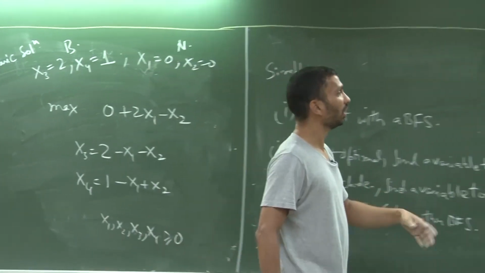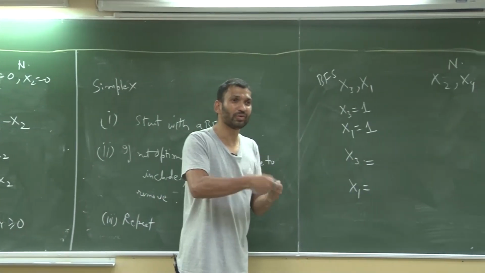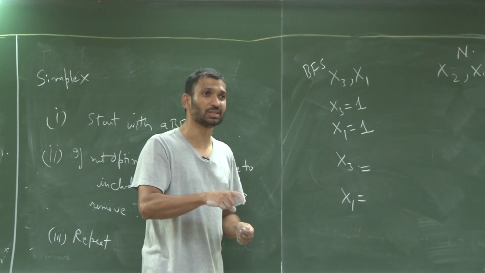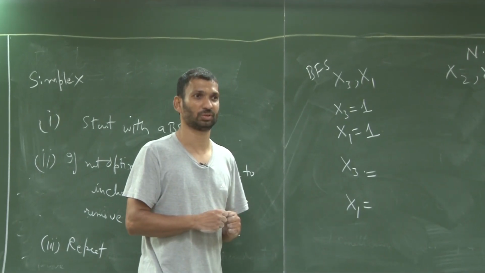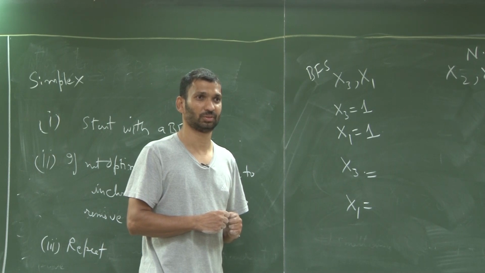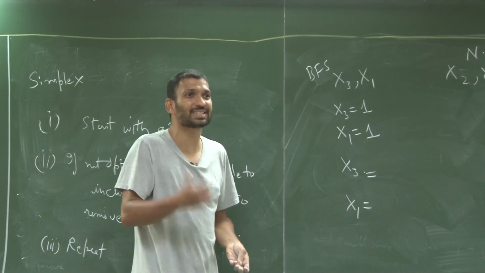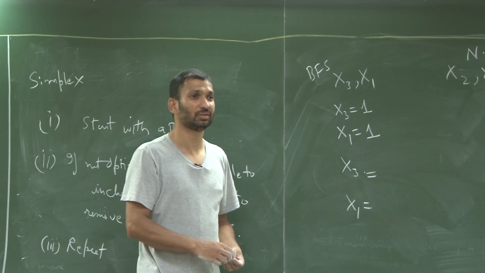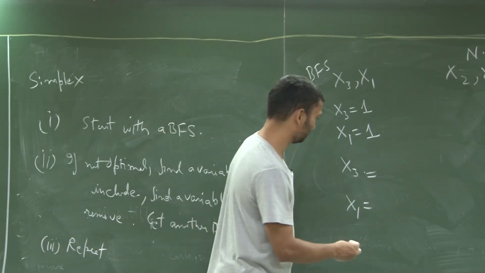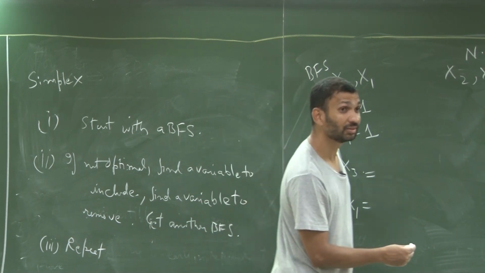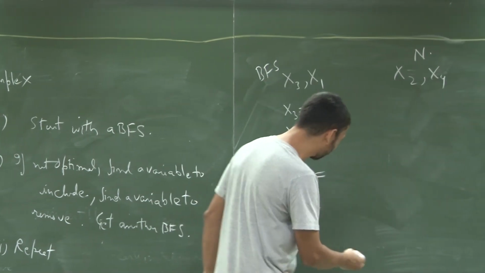Right? But this fact that you can always write your basic variables in terms of non-basic variables should be obvious to you. This should not come as a surprise. It's not just this example where I am able to do it. The basic variables are like the pivots. Pivots. Yes, exactly.